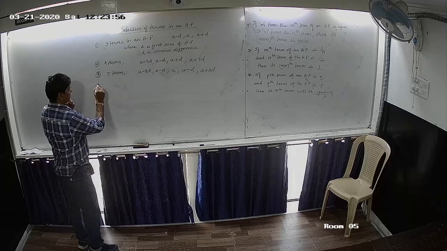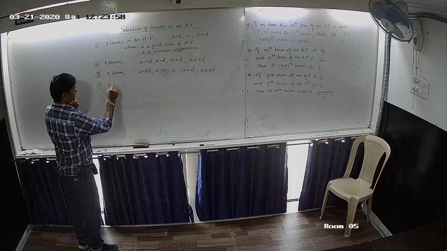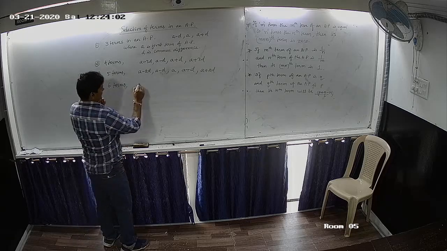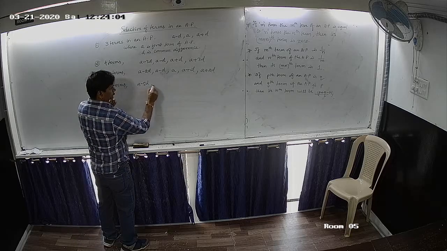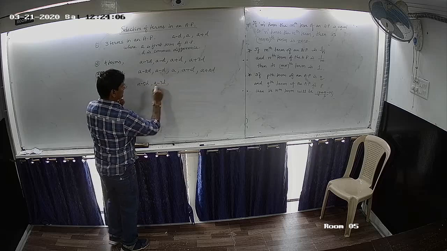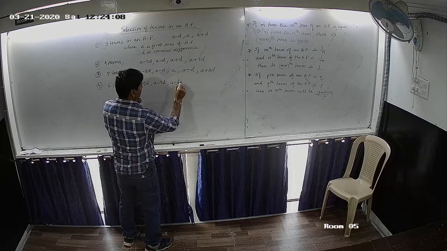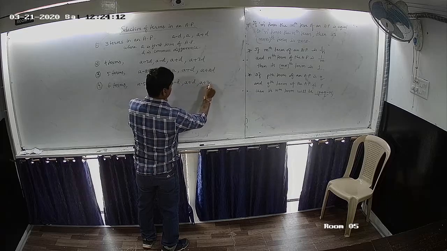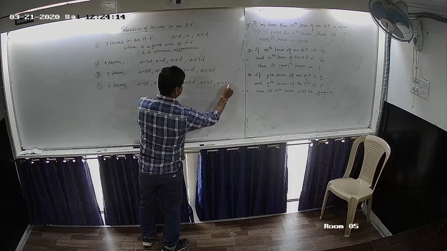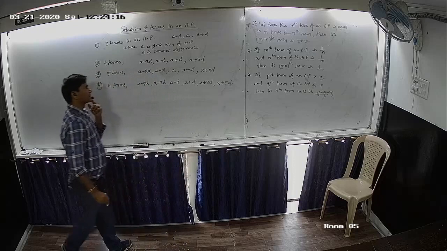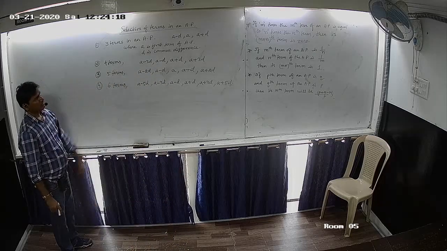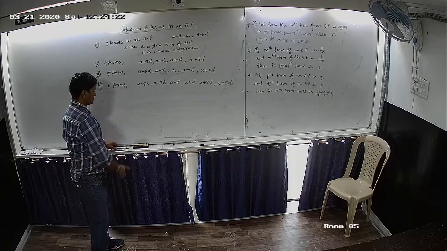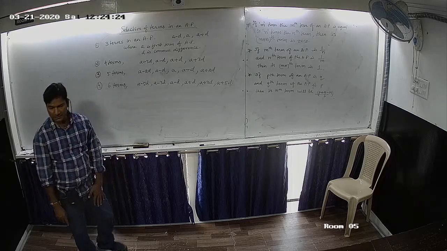Six terms, in the same way: A minus 5D, A minus 3D, A minus D, A plus D, A plus 3D and A plus 5D. In this way we can select a group of terms in an AP.